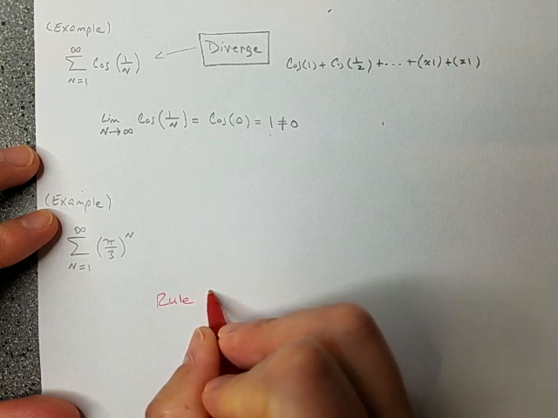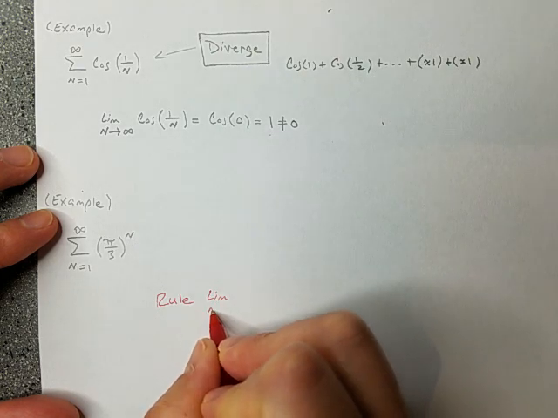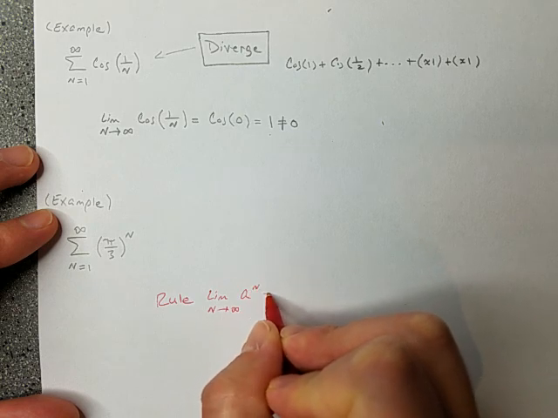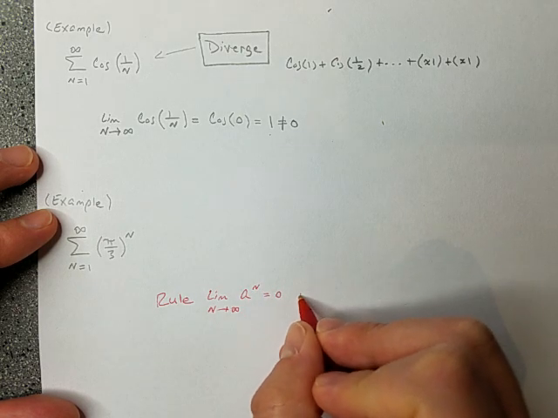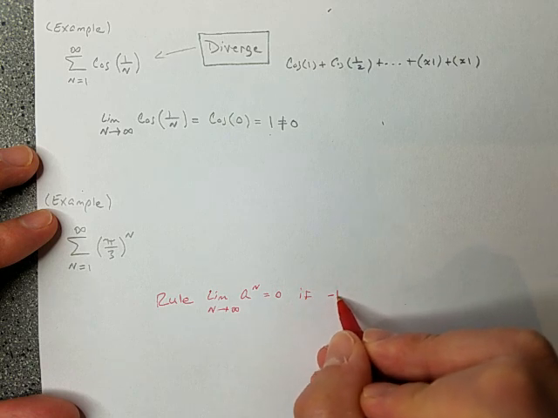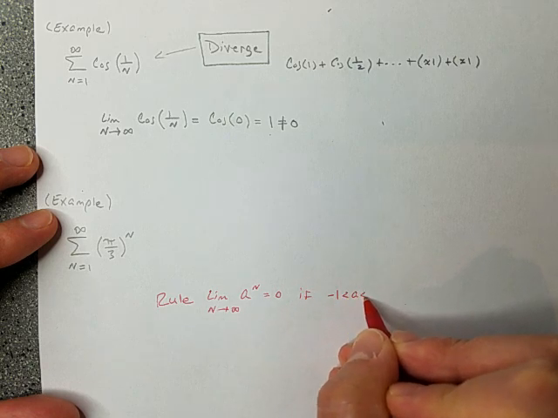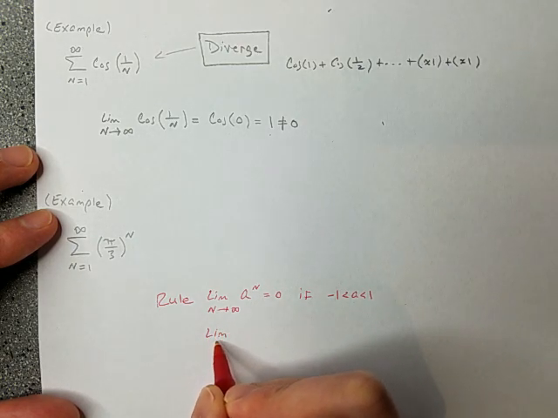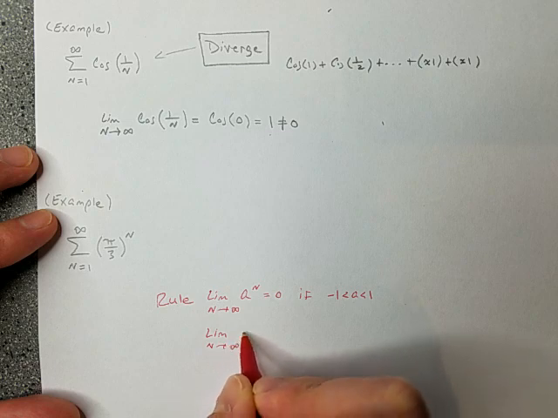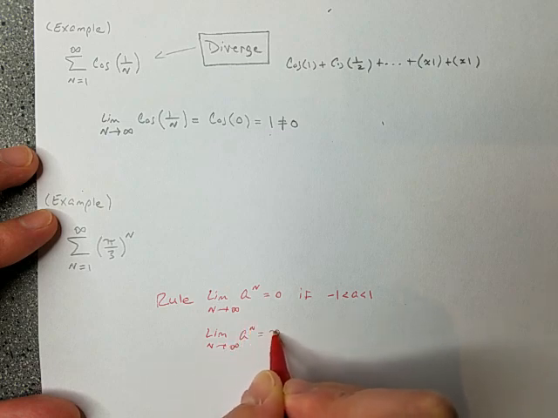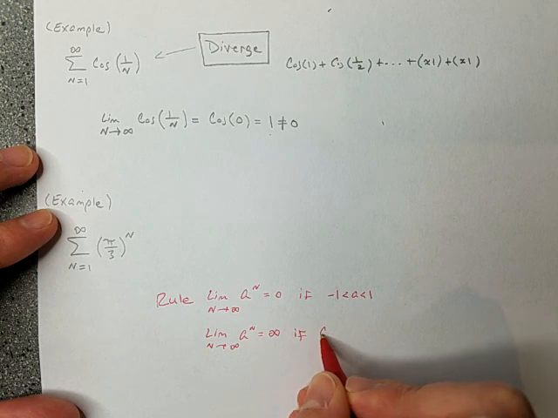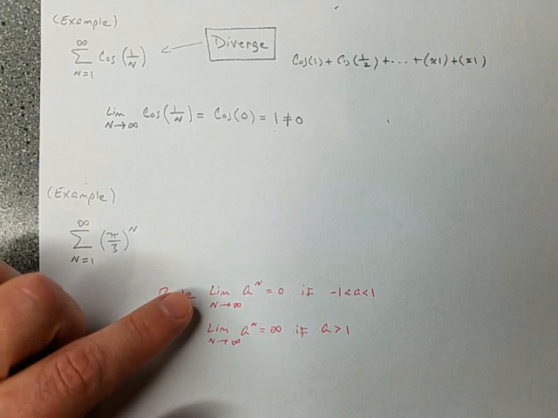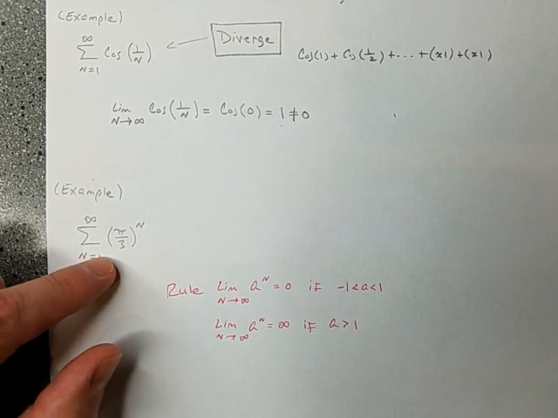Rule: the limit as n goes to infinity of a to the n power is 0 if a is between -1 and 1, and alternately the limit as n goes to infinity of a to the n is infinity if a is bigger than 1. Okay, so one of these rules there is operative here.